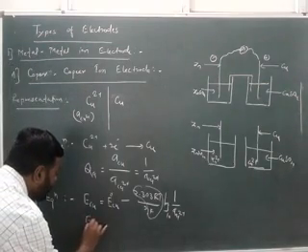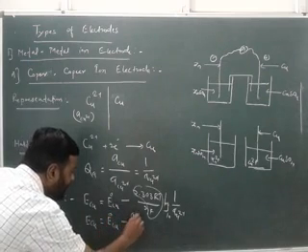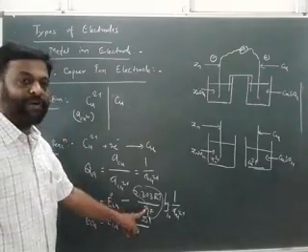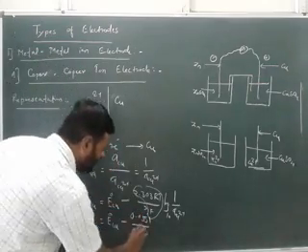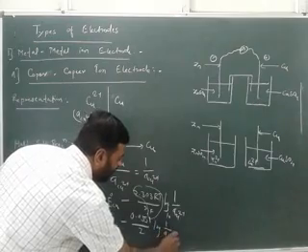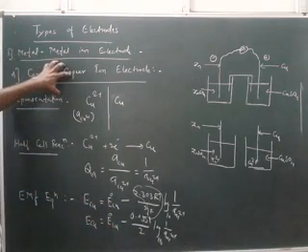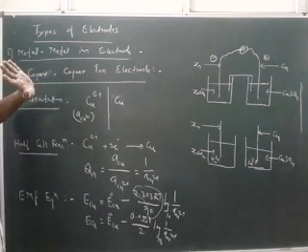So E_Cu is equal to E0_Cu minus 0.0591 divided by N, where N means the number of electrons involved. How many electrons are involved? 2. So log of 1 divided by the activity of Cu2+ to the base 10. So this is about the copper ion electrode, the metal ion electrode.